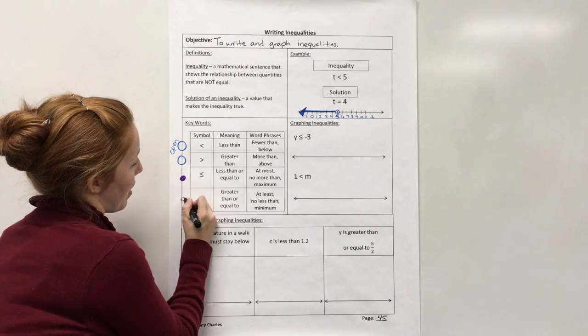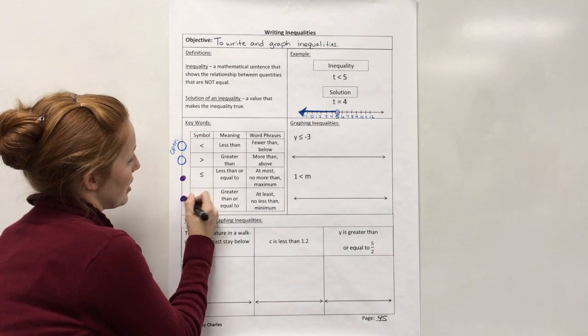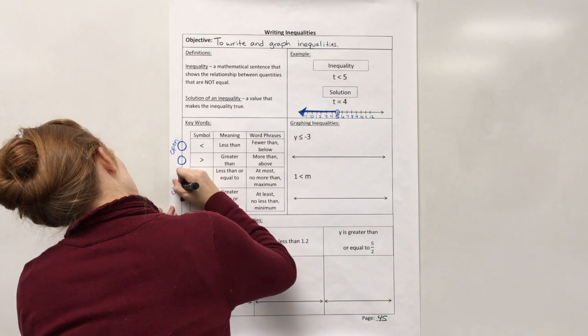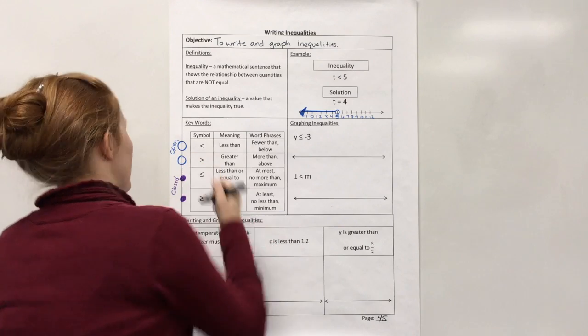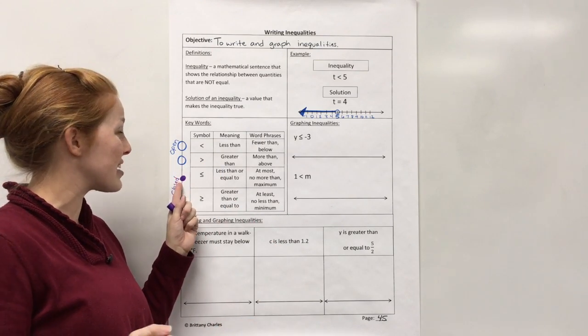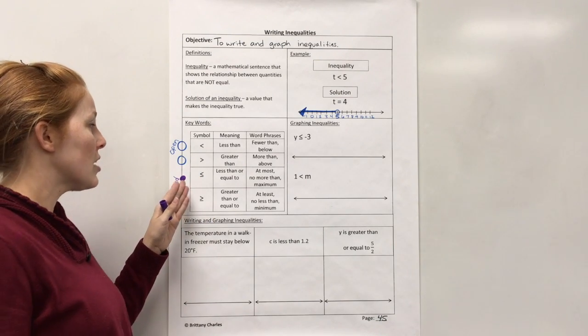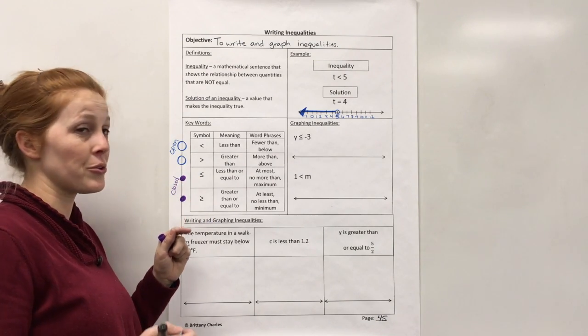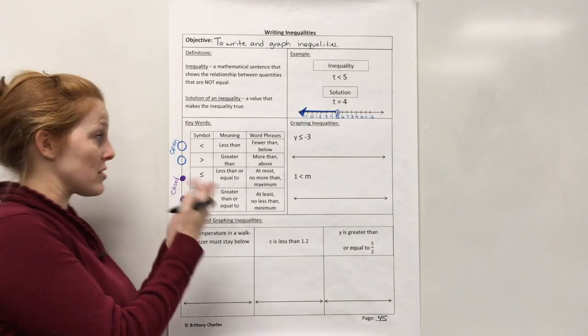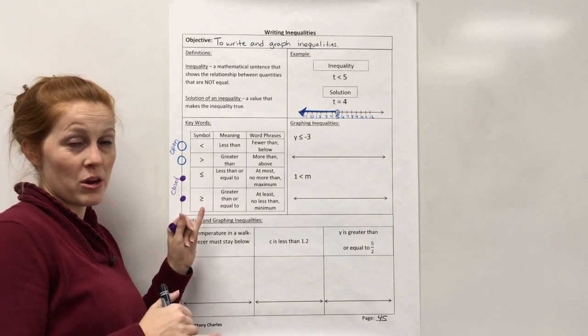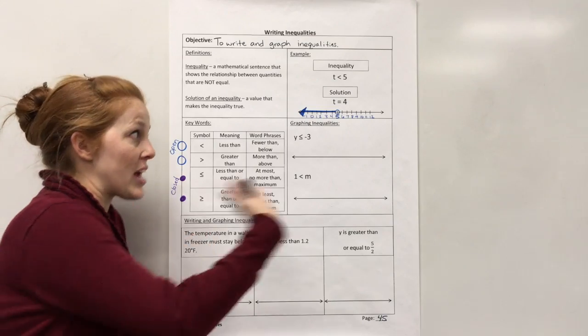So we're going to put a spot and fill it in, and then write closed. By closed, that means that this can actually be the solution because it has the equal line also. So if it says less than or equal to, it can be that number and smaller. If it says greater than or equal to, it can be that number and greater.